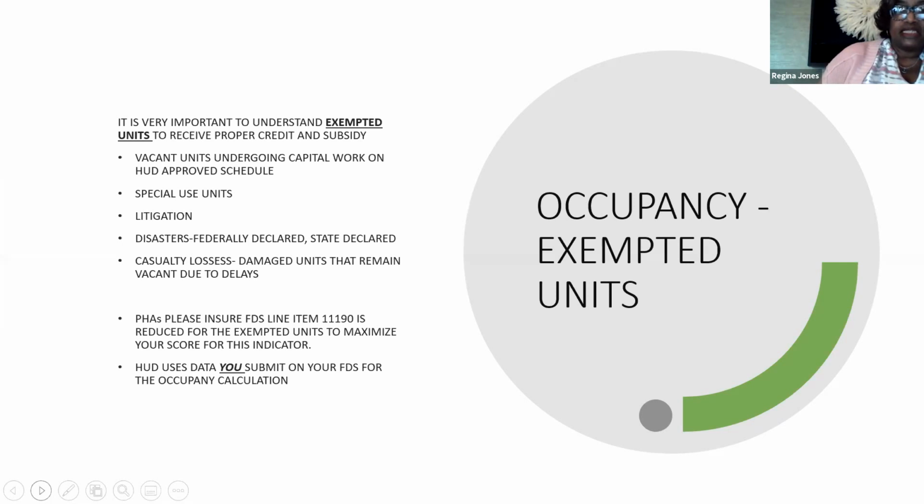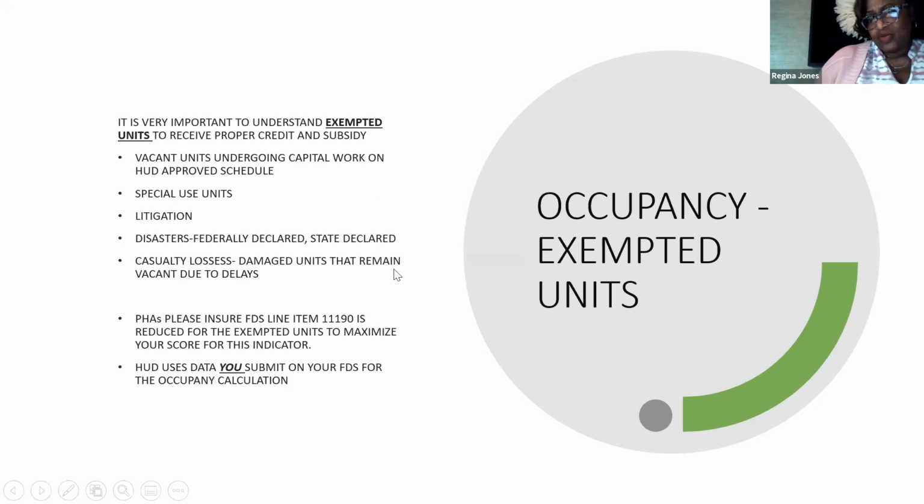I often tell PHAs, and as Eva had taught me, please ensure that FDS line item 11190 is reduced for the exempted units to maximize your score for this indicator. Please remember that HUD uses data you submit on your FDS for the occupancy calculation.